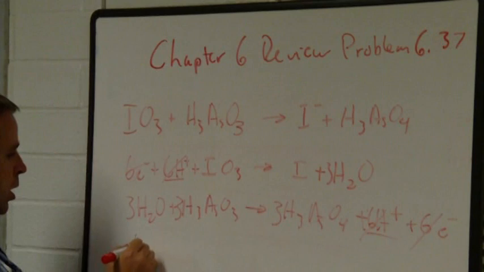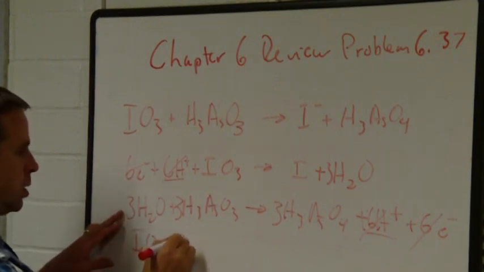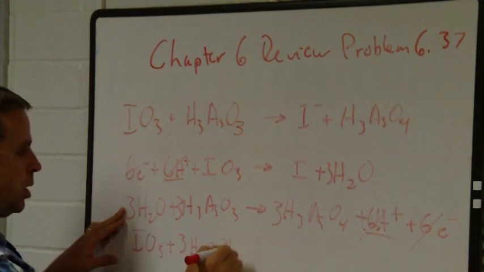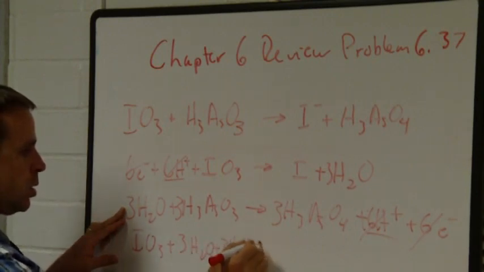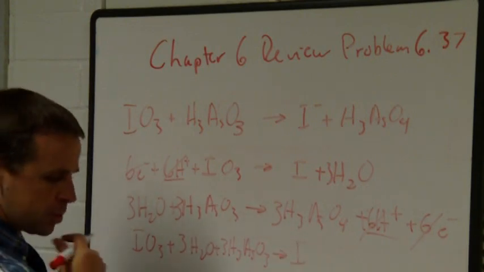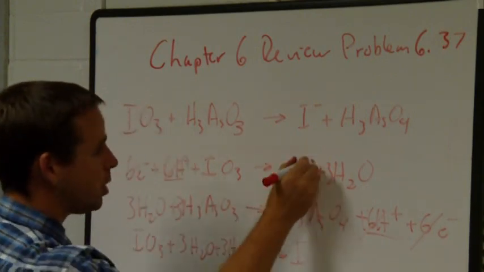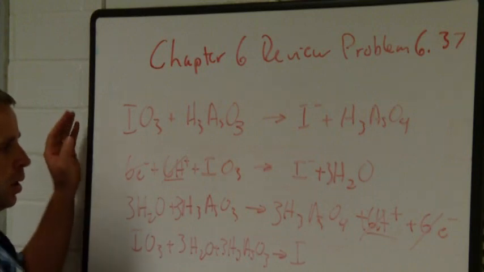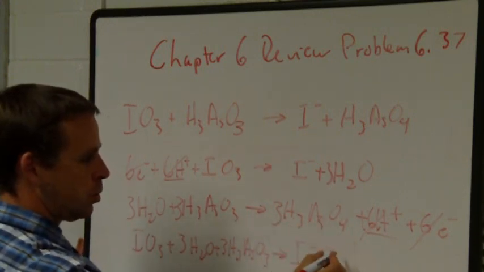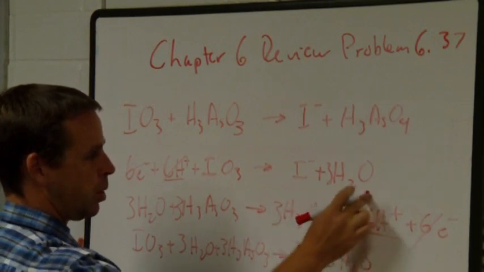So we have IO3 minus plus, down here, 3 waters plus 3 H3AsO3, yielding iodide. Wait, what was this? An I minus? Yeah, this has an I minus charge on it, right? Iodide plus 3 H2Os from up here.